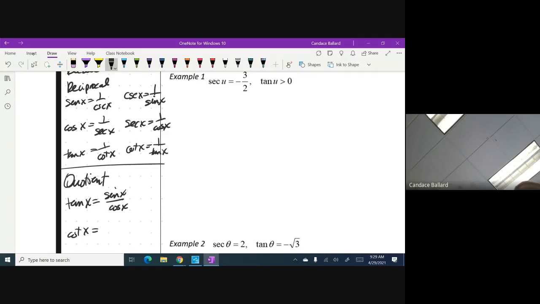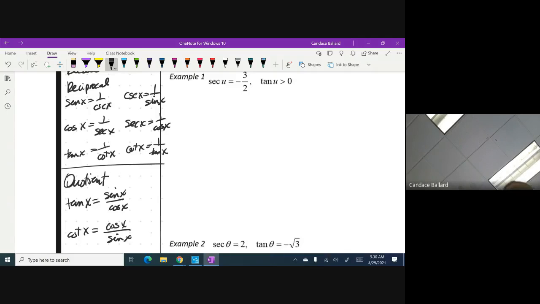And the cotangent of x equals the cosine of x divided by the sine of x. All right, we got those ones down, hopefully.